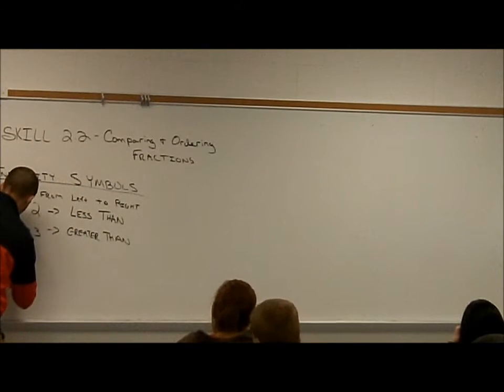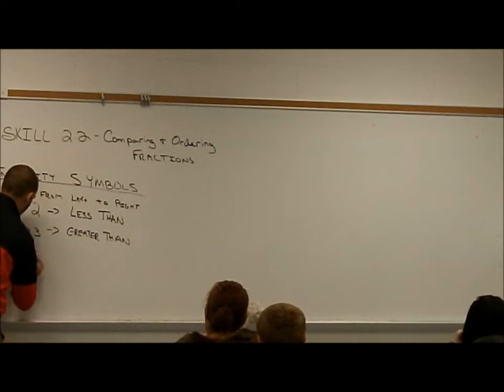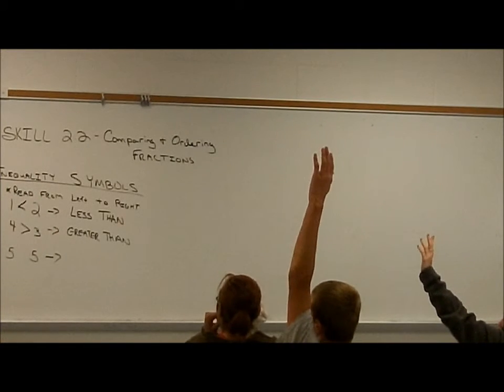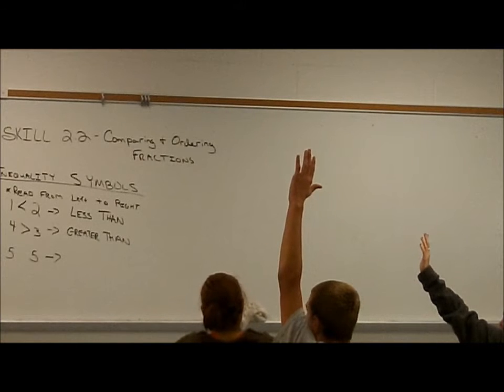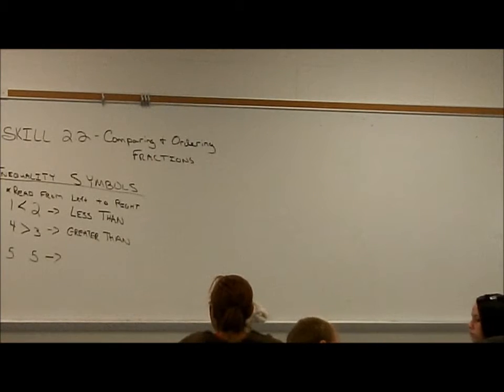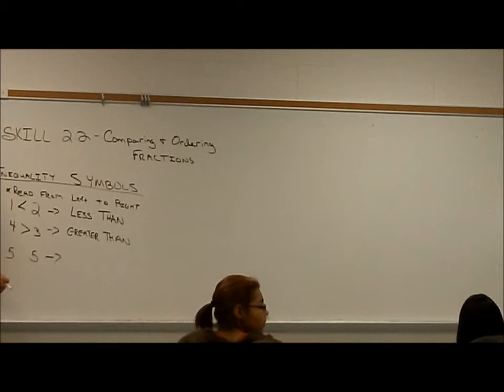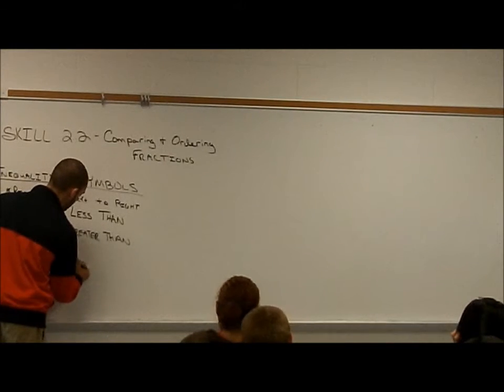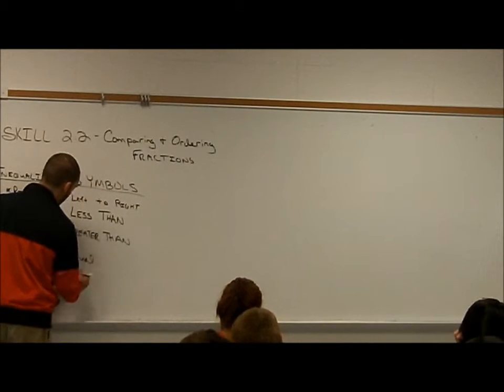What would I do for this? I want to go in between those two numbers. Sam? What would go between these two numbers? Equal. So these are the three ways we compare numbers.